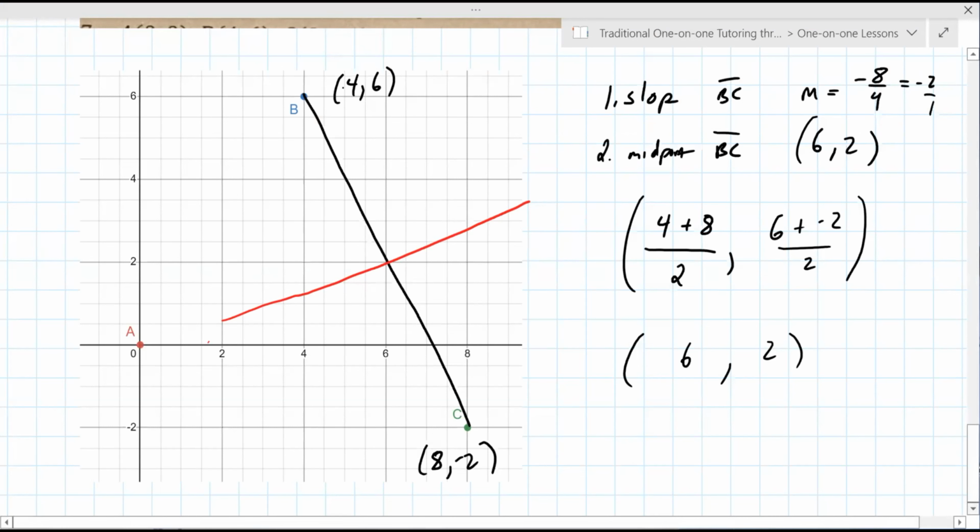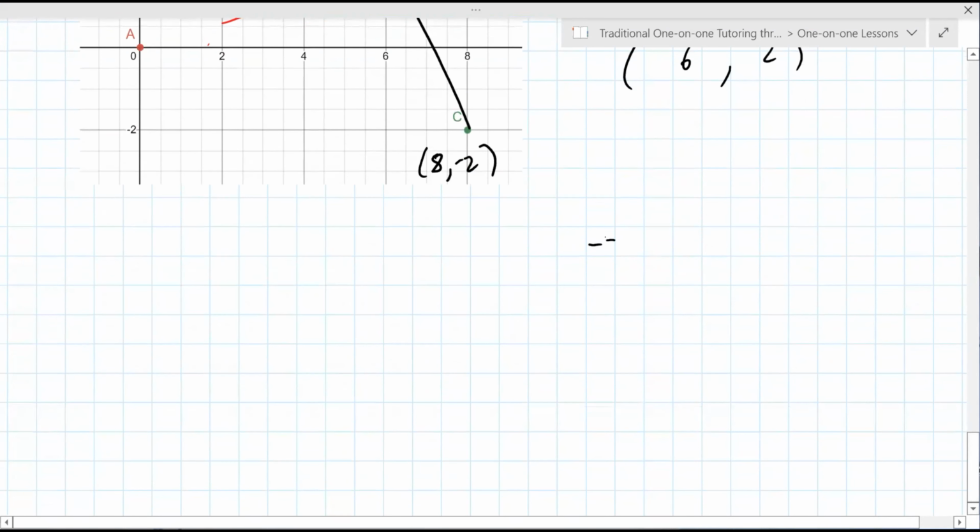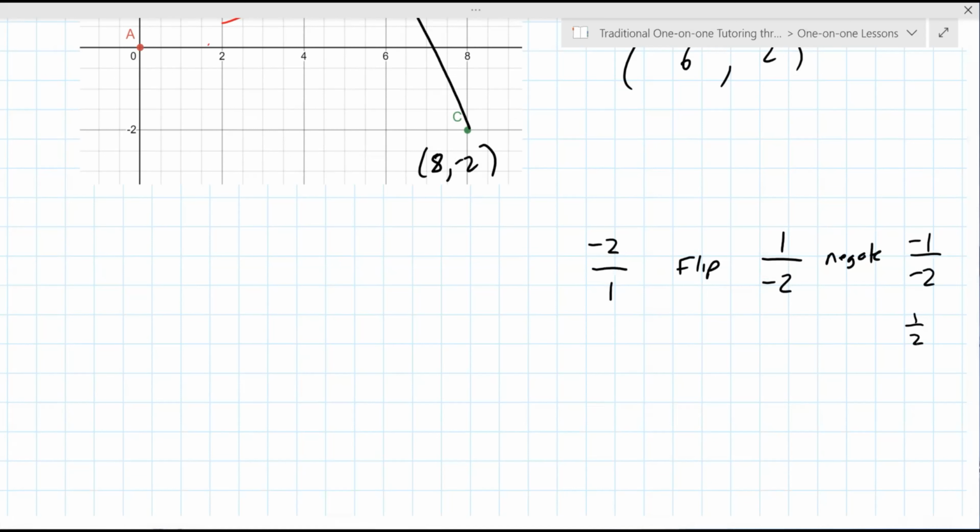All right. So let's look at this. -2/1, if you flip it, becomes 1 over -2, but you have to negate it. So if you negate it, it becomes -1 over -2, which reduces to +1/2. So the perpendicular slopes always change sign.